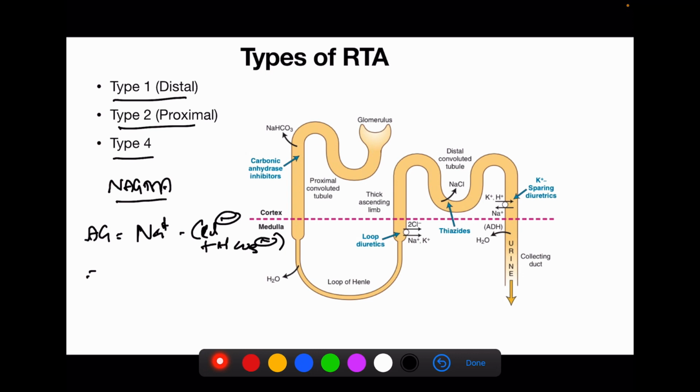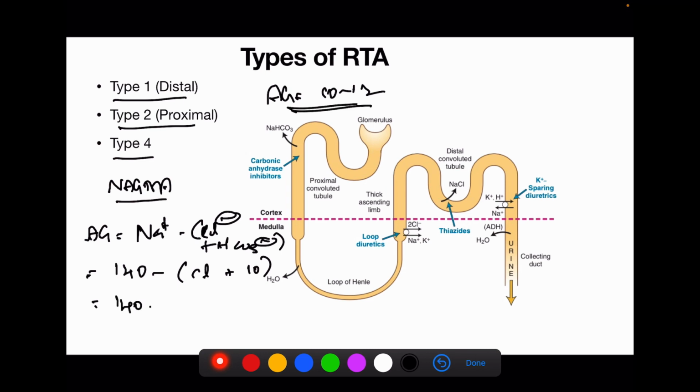So what happens when renal tubular acidosis or normal anion gap metabolic acidosis is that, for example, if the sodium concentration is 140 and the bicarbonate is say 10, and the normal anion gap, let me tell you at the beginning, the normal anion gap is between 10 to 12. So this has to come between 10 to 12.